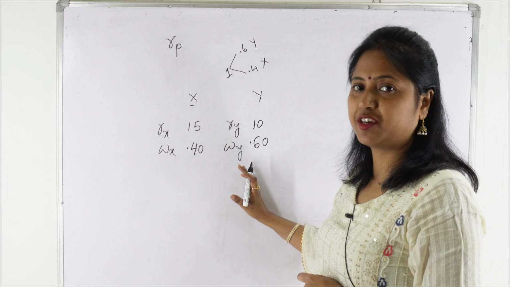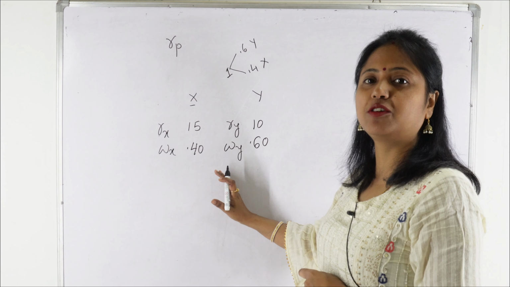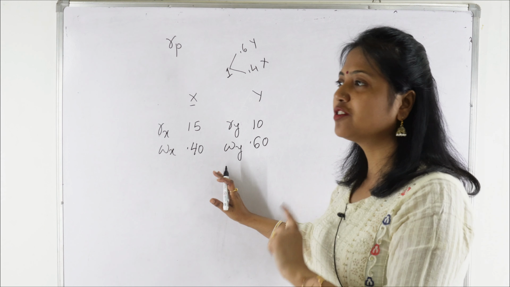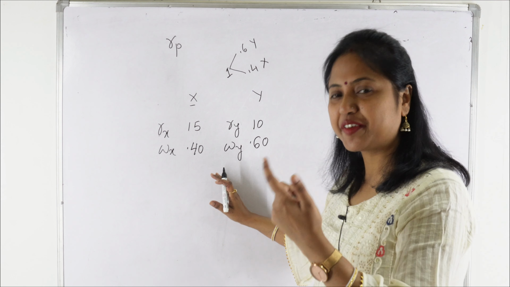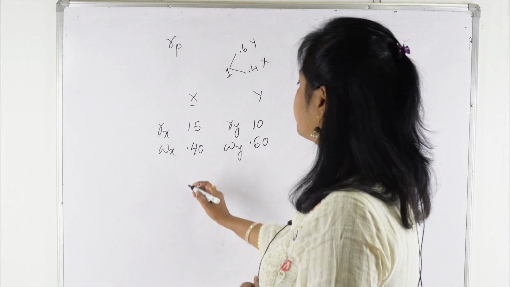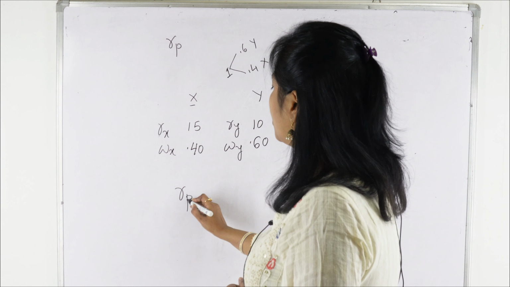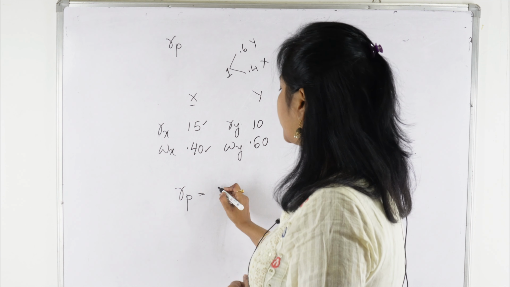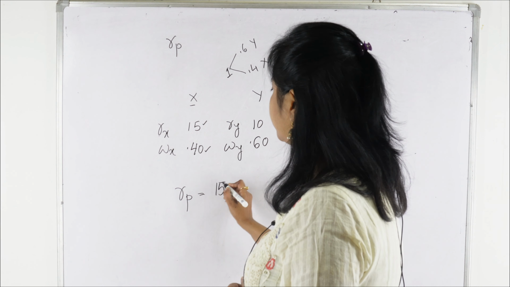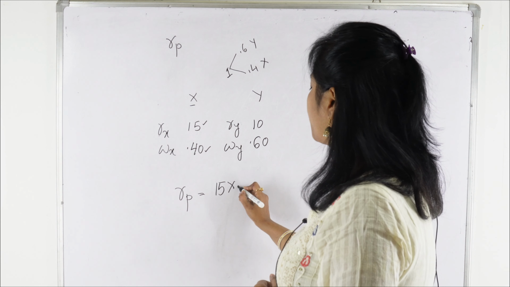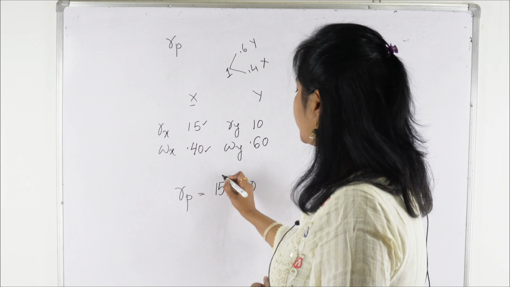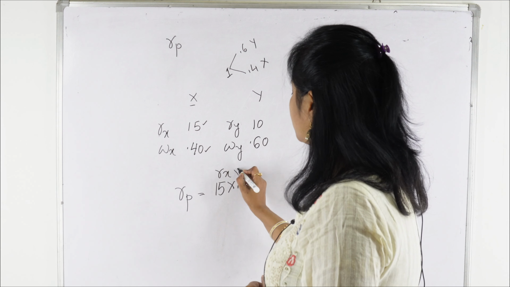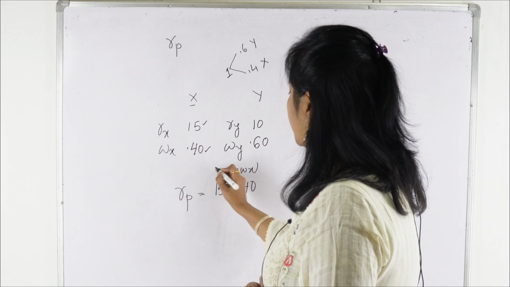Remember, always when we are discussing risk, first we are trying to find out our expected returns, because risk is the variability in the return. So friend, my expected return from the portfolio would be, I will sum this and this, I will take the product. So 15 is the expected return of X multiplied by the weight of X. So what I am doing? I am multiplying Rx into Wx, okay?